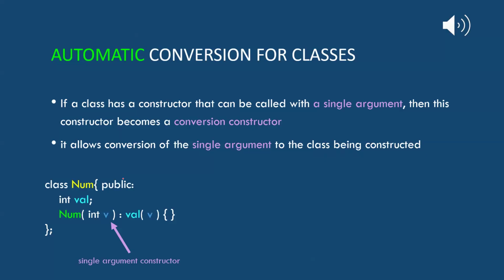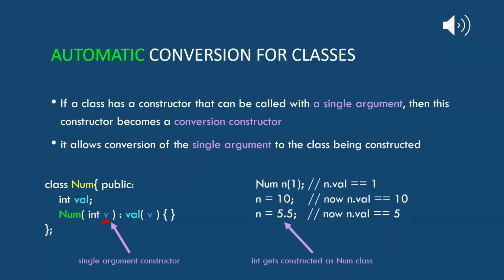So if I have a class that has a single value in its argument, like this, and I do this, n1, and then I try to assign an integer to what is clearly not an integer. How does C++ know what to do to make that work?